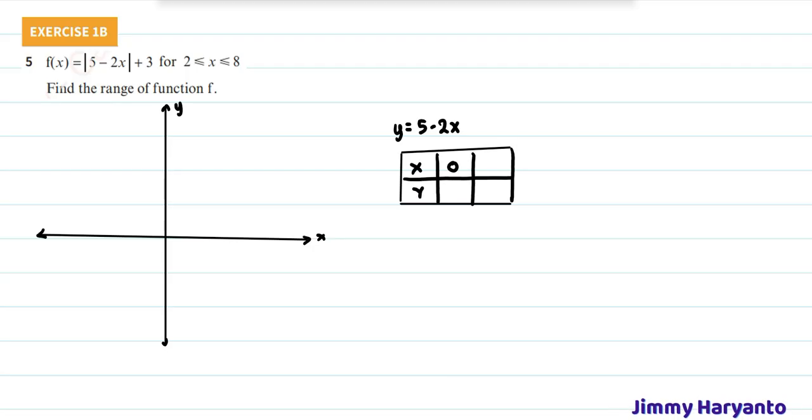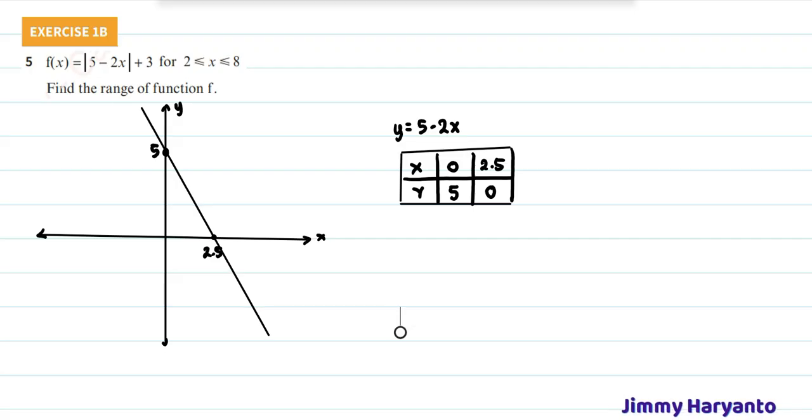When x equals 0, y equals 5. When y equals 0, x will be 2.5. That means we have 2 points right here, (0, 5), like that, and (2.5, 0), like this. Okay, so the graph will be like this.